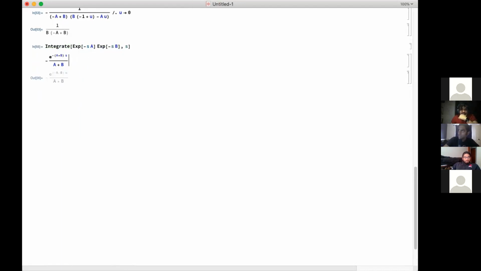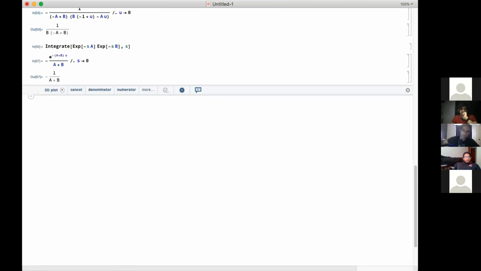Mathematica doesn't like taking that to 0, but let's take s to 0. Just remember that when you evaluate it at the upper integration bound, it goes to 0, and at the lower integration bound, the numerator goes to 1. And then you see how you recover essentially the kind of products you would want.